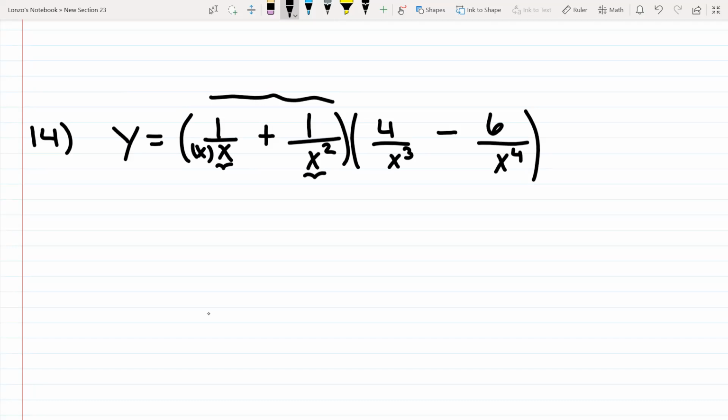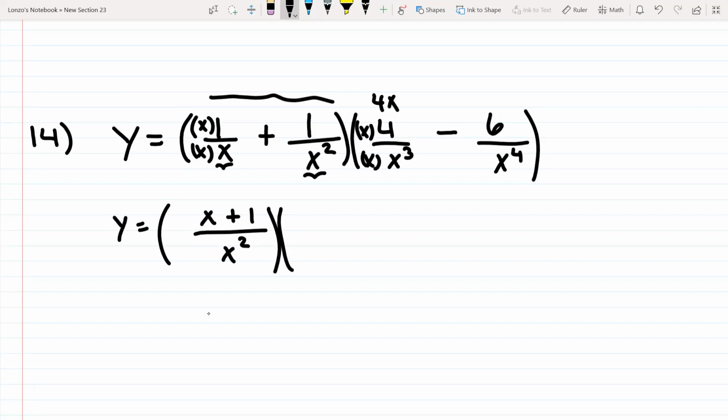So over here, you're going to multiply top and bottom by x. So x times 1 is x plus 1 over x squared. The other fraction, 4 over x cubed minus 6 over x to the 4th, this would be x times x. That would be 4x.